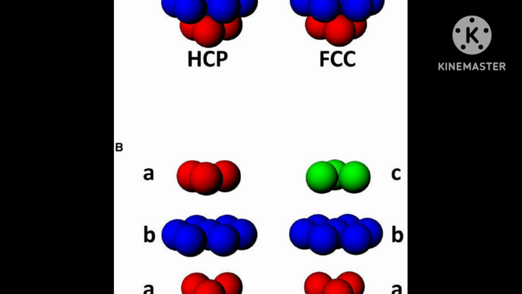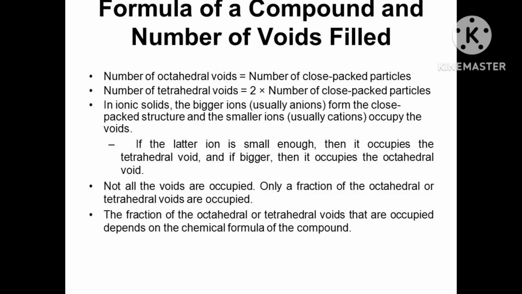What is the formula of the given compound? Now I am telling you the solution. The CCP lattice is formed by the element Y. The number of octahedral voids generated would be equal to the number of atoms of Y. I already told you that.